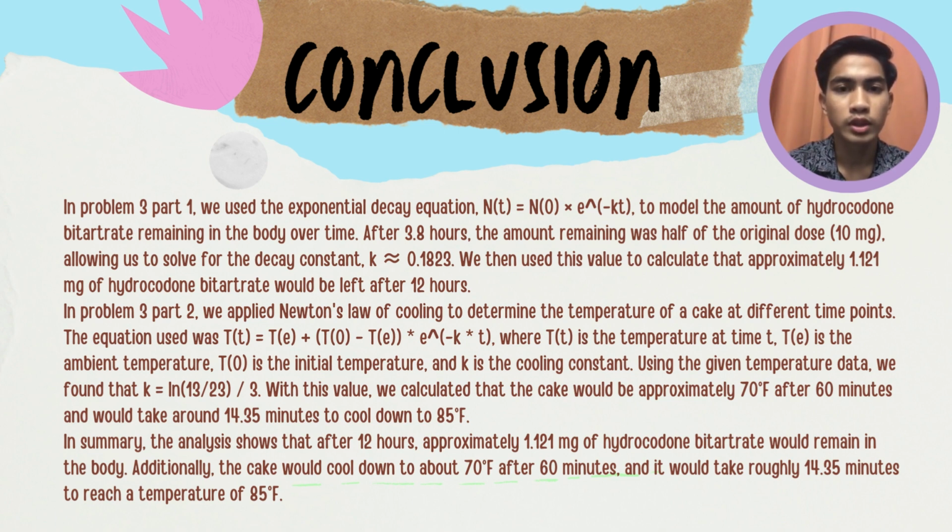The equation used was T(t) equals TE plus T0 minus TE times e to the power of negative k times t, where T(t) is the temperature at time t, TE is the ambient temperature, T0 is the initial temperature, and k is the cooling constant. Using the given temperature data, we found that k equals ln of 30 over 23 divided by 3.